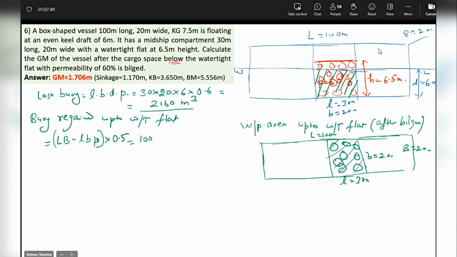That will be equal to 100 into 20 minus 30 into 20 into 0.6, and then the full thing multiplied by 0.5. How much does it come, beta? 1020. Guys, 1020 cubic meters.